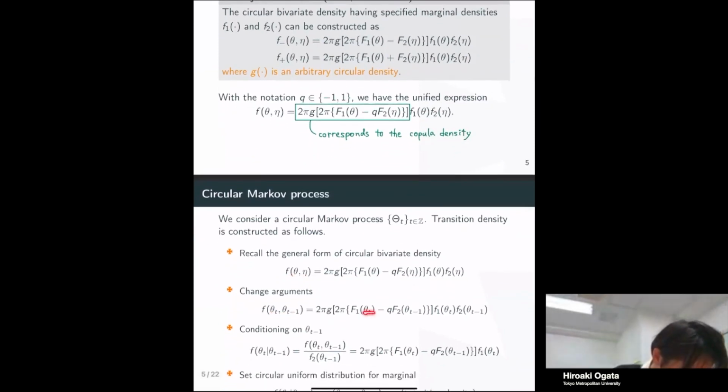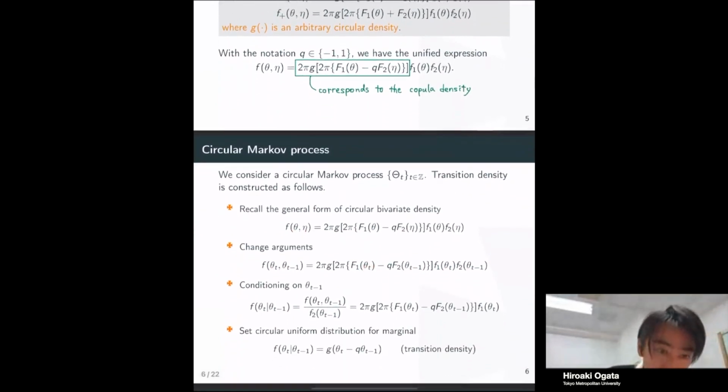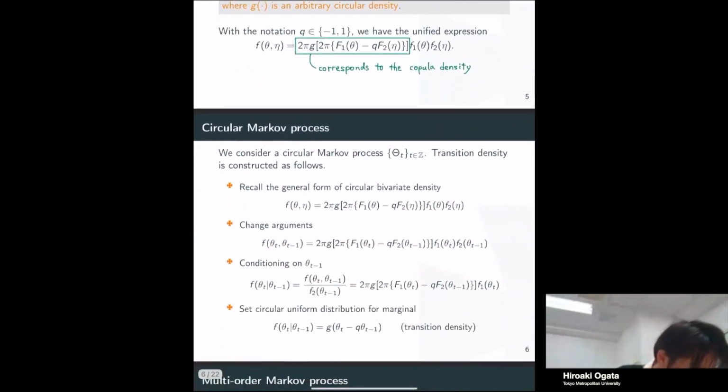Conditioning on theta t minus 1, the joint distribution is divided by the marginal of theta t minus 1, so this cancels out, and we get this one. This is the transition density function.